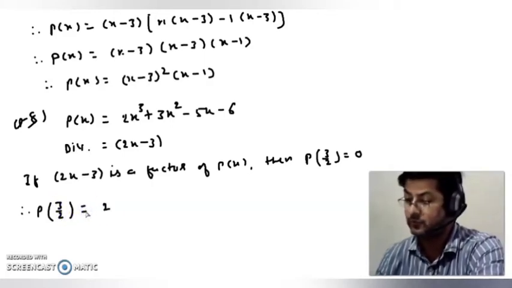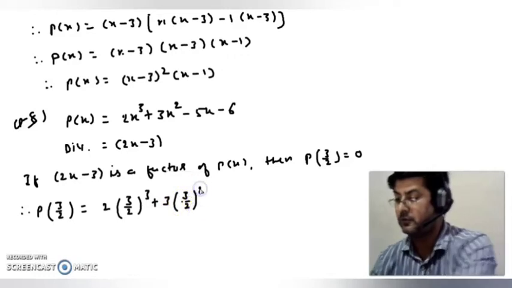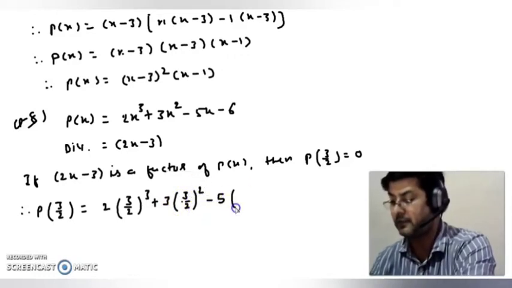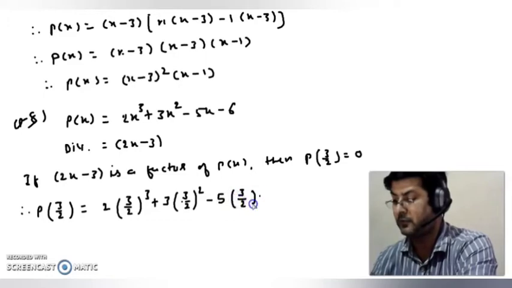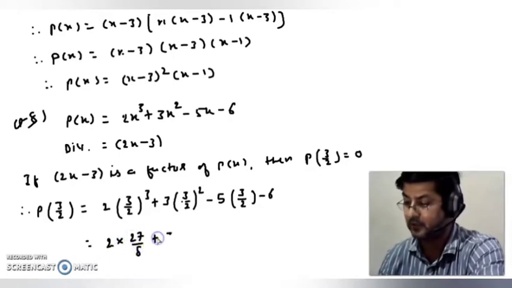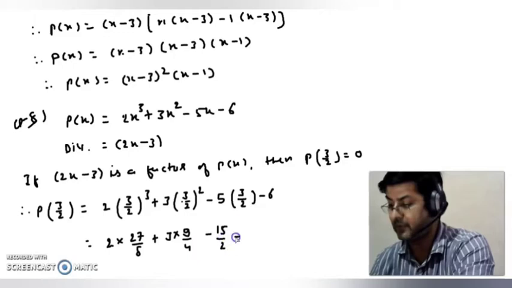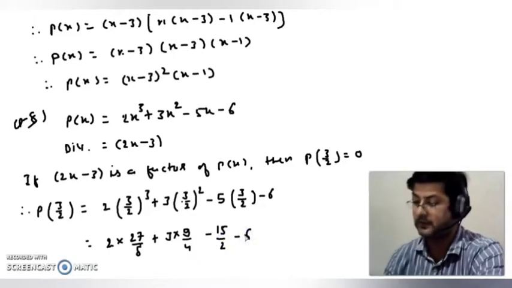So 2 into 3 upon 2 the whole cube plus 3 into 3 upon 2 the whole square minus 5 into 3 upon 2 minus 6 is equal to 2 into 27 by 8 plus 3 into 9 by 4 minus 15 by 2 minus 6.